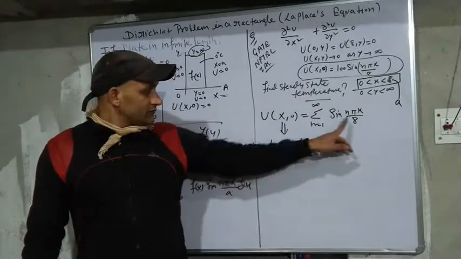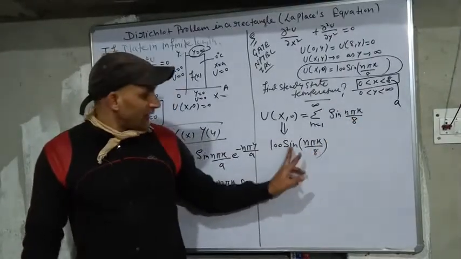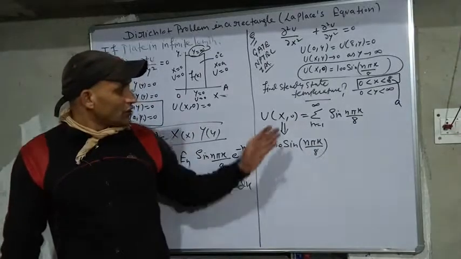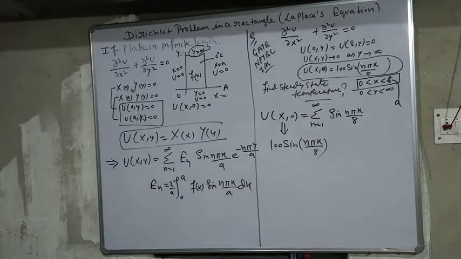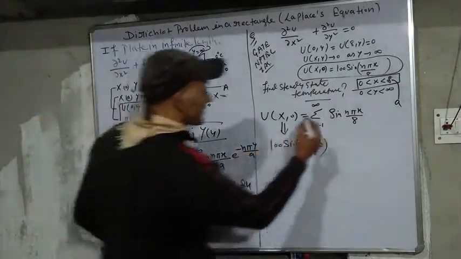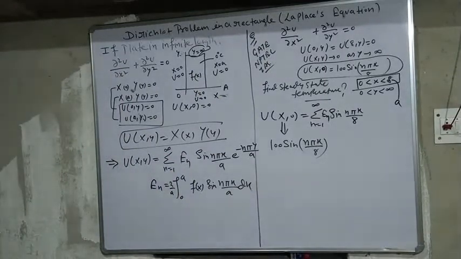You have n pi x upon 8 here, and here also you have sine(n pi x upon 8). So what value will you take? This is the problem. Here also you have to remember one thing, E_n. One thing we forgot, sorry for that.